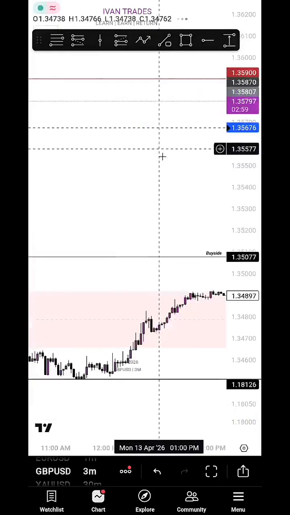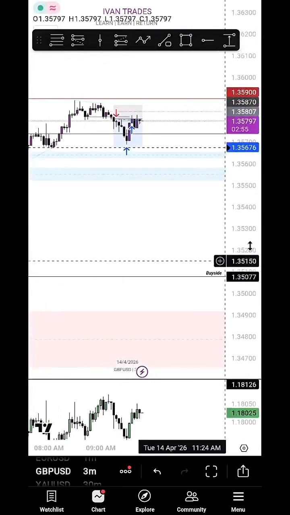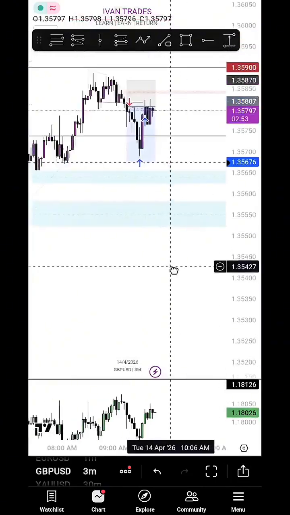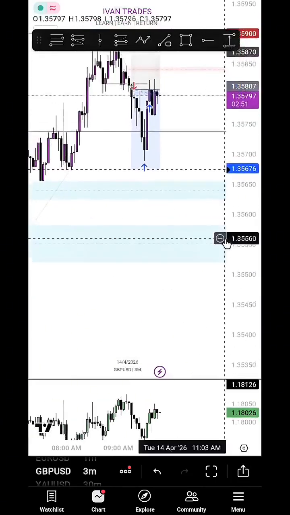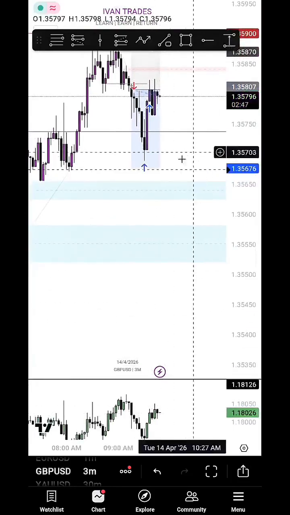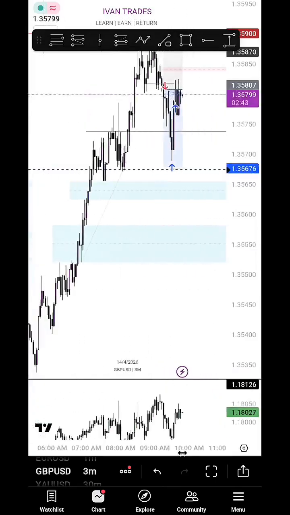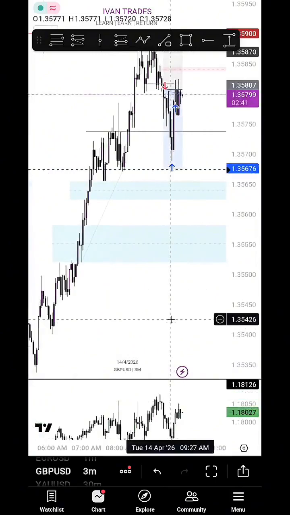But yeah, I still believe price might still retest this bullish fair value gap right here, which hasn't been revisited at any moment in time, but for now I have to wait and see what the price provides.